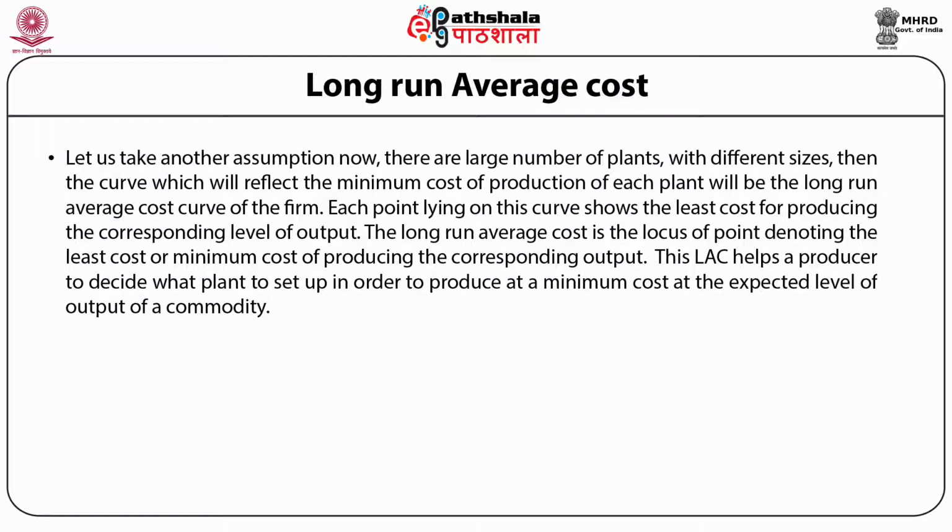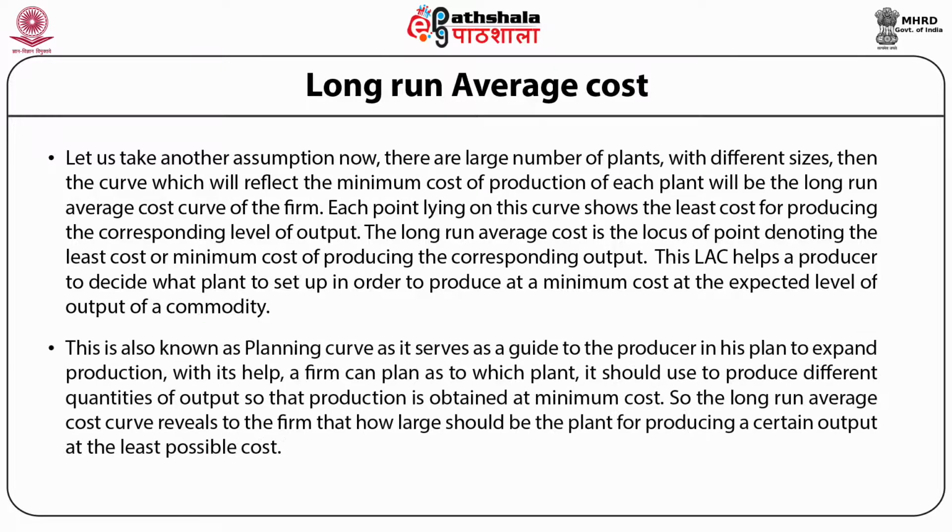This LAC helps a producer to decide what plant to set up in order to produce at a minimum cost at the expected level of output of a commodity. This is also known as planning curve, as it serves as a guide to the producer in his plan to expand production.